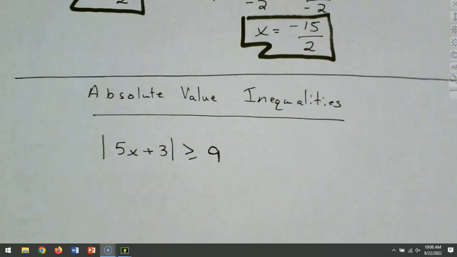This is going to be solved and worked out the exact same way that we would work with an equality. Only the difference is now we have to put them back on the number line. So let's solve it, get our two equations and put them on the number line.